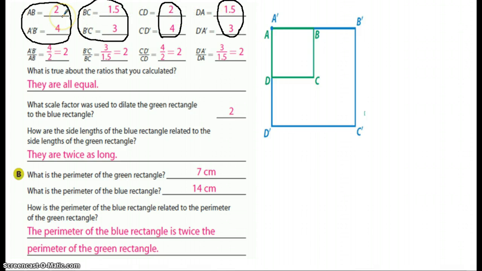Or we could have said, like we said in the formula here, to get green, you could have said just 2 times 2 plus 2 times 1.5. And that's going to give us 7. Or should I say 4 plus 3, which equals 7.